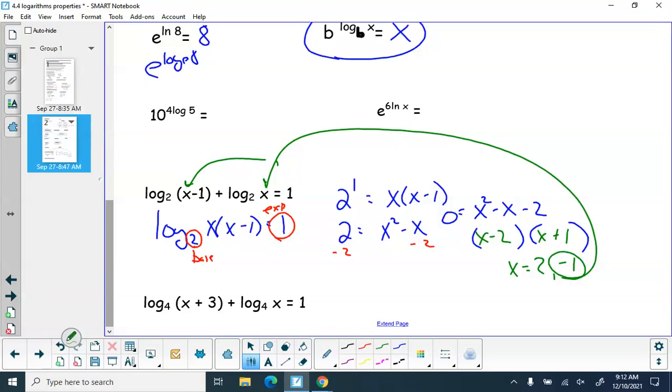As we talked about yesterday, with all your logarithms, you cannot take the log of a negative number. So we have to cancel that one out. If I put the value 2 in there, I get the log of 1 plus the log of 2. I can get a value then. Once again, using properties to solve logarithmic equations.